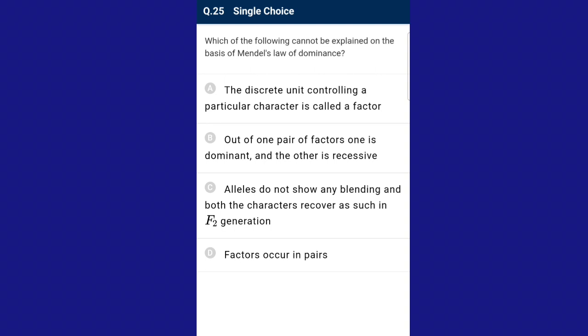Though the parent contains two alleles, during gamete formation the factors or alleles of a pair segregate from each other such that a gamete receives only one of the two factors. So the answer is option C. Alleles do not show any blending and both the characters recover as such in the F2 generation.